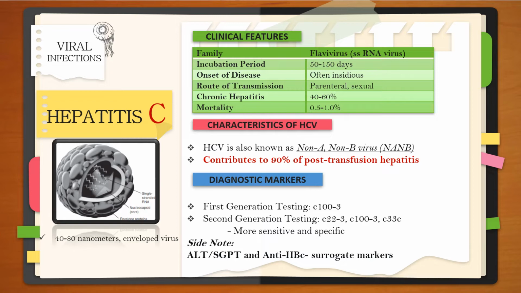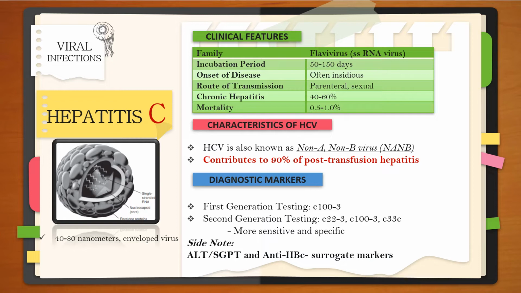And take note, class, that HCV infection, or hepatitis C viral infection, is the leading cause of liver transplants in the United States, and it is also termed the non-A, non-B hepatitis virus. And it contributes to roughly 90%, take note, class, of this value.